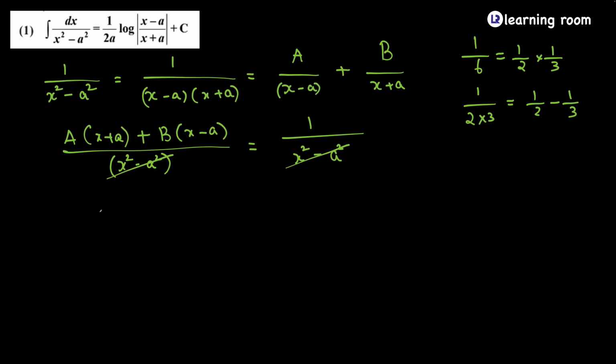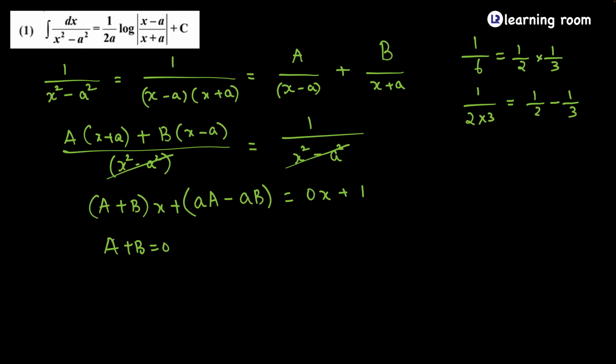I'll collect the x terms: A plus B into x, plus a into A minus a into B, is equal to 1. Can I write this 1 as 0x plus 1? What I'm trying to say is that the coefficient of x on the right side is 0, and on the left side the coefficient of x is A plus B. So comparing both sides, A plus B is equal to 0. Make sense? Which implies A is equal to minus B.